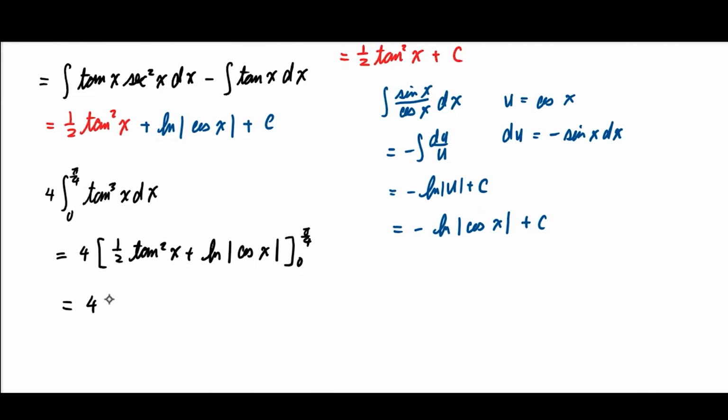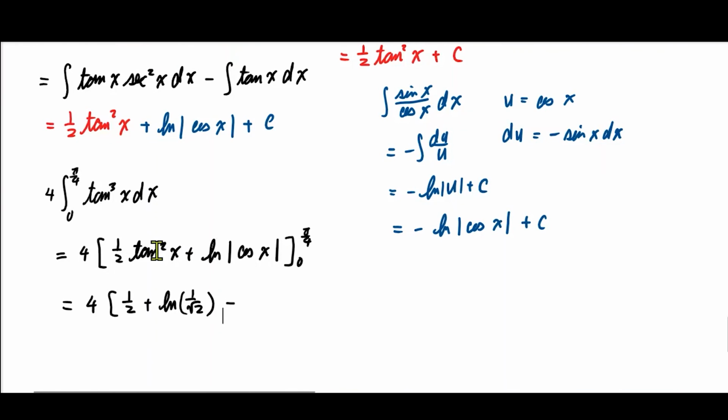Okay, that's 4, and let's plug in pi over 4. What's tangent pi over 4, people? Time's running out, okay, I'm going to have to do it. 1. And then cosine pi over 4 is? Root 2 over 2. 1 over root 2. I'll just do it this way. Okay, minus, and then 0.